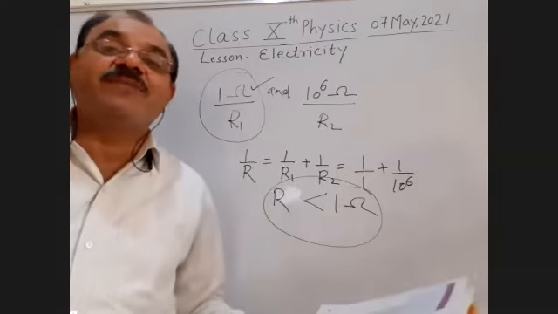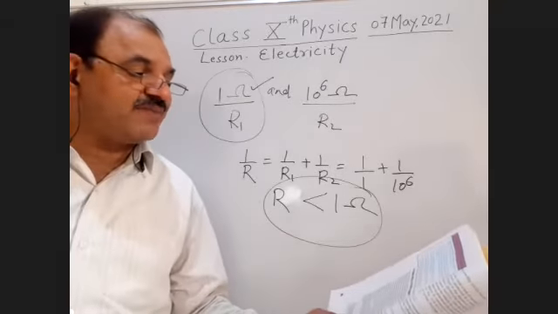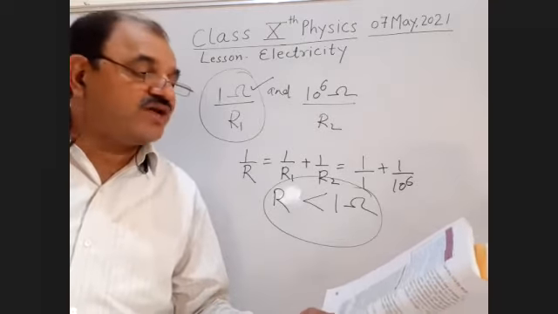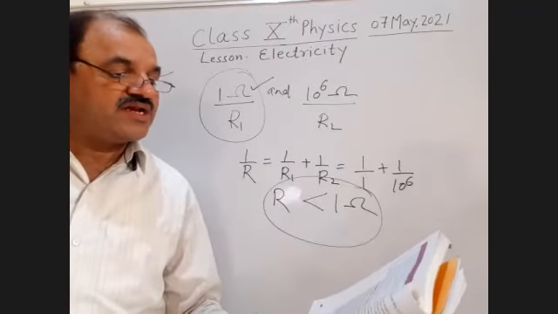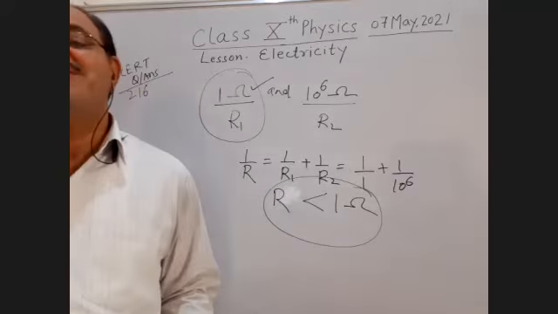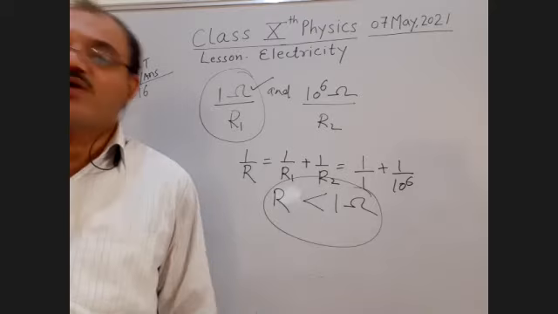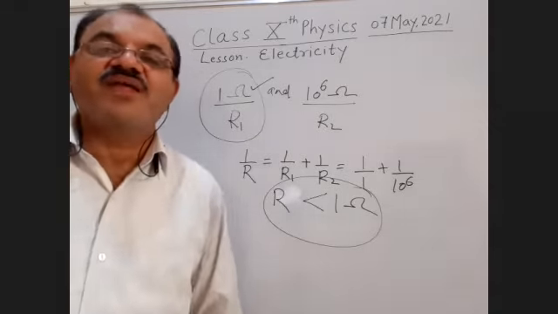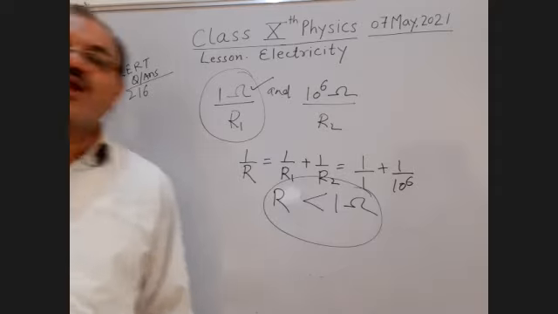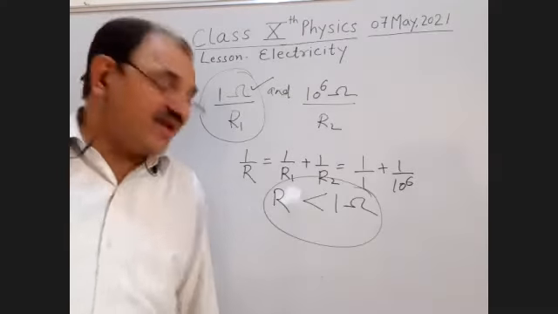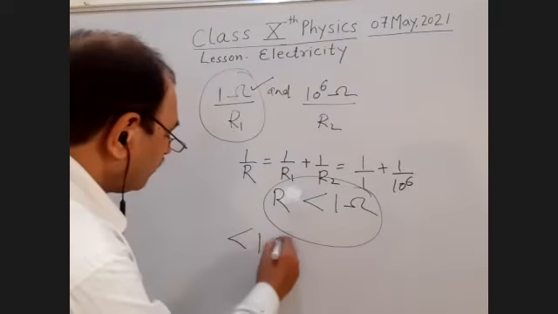Now, what does the second part say? They have given different values: 1 ohm, 10 raised to power 3 ohm and 10 raised to power 6 ohm. Again, the net resistance will be less than 1 ohm.